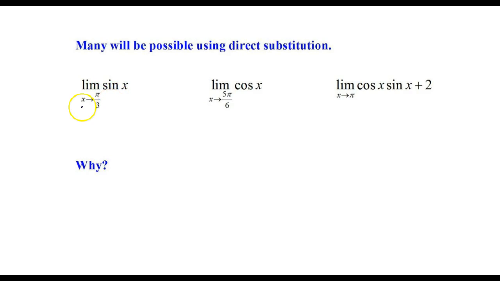Well, it's going to be possible with sine and cosine a lot of times through direct substitution because the graphs of sine and cosine are continuous, okay? So right off the bat, sine and cosine are continuous, and since they are continuous, a y value exists everywhere, therefore a limit exists at a specific point, okay?